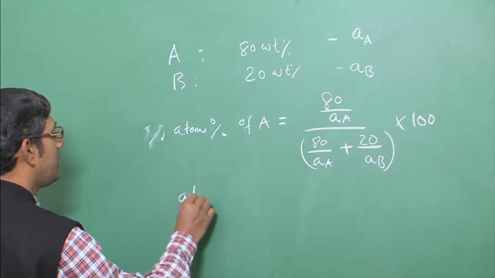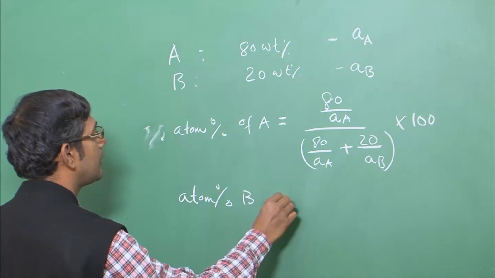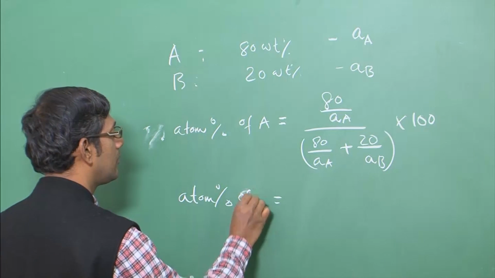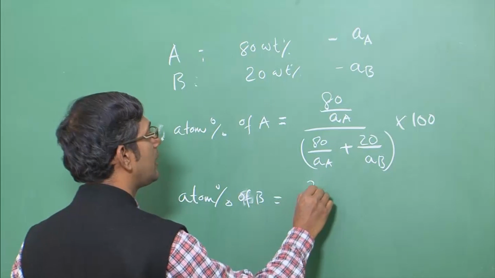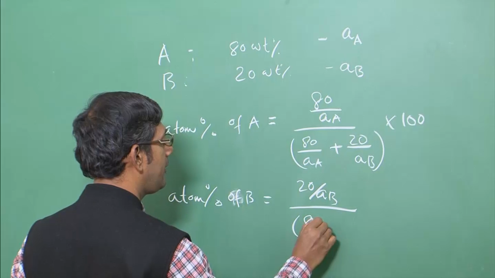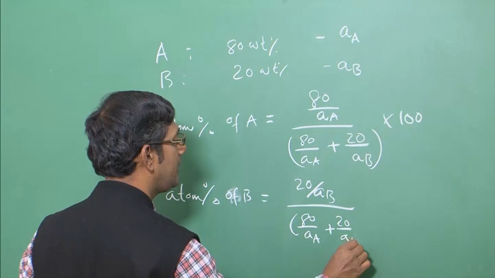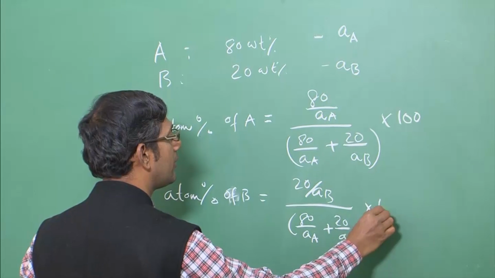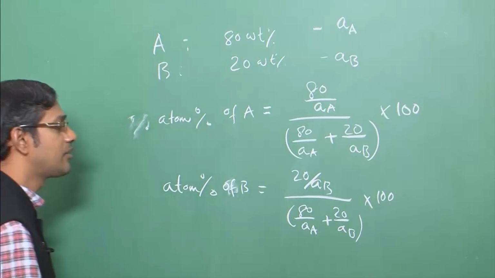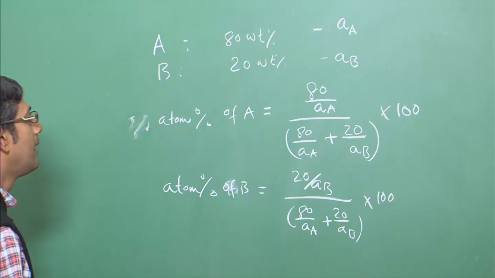Similarly, the atom percent of B can be easily obtained: 20 by AB divided by 80 by AA plus 20 by AB, into 100. That is how we can convert from weight percent to atom percent.